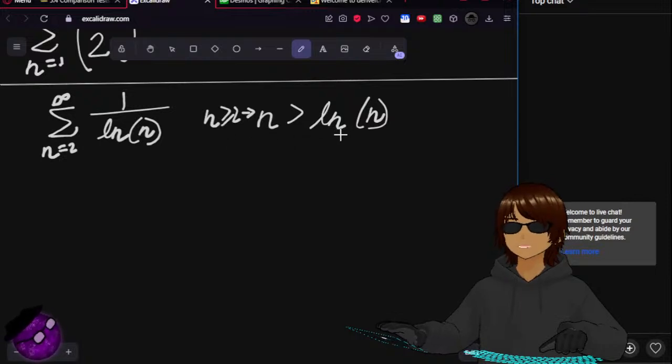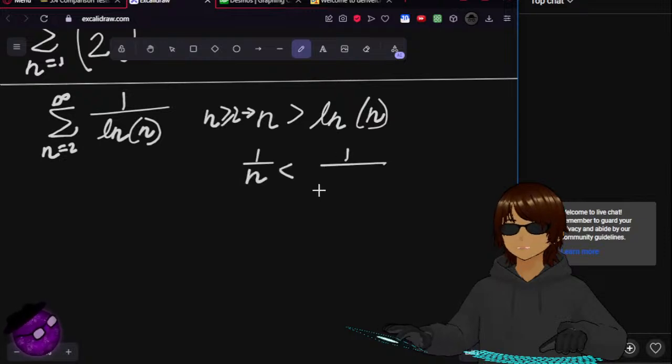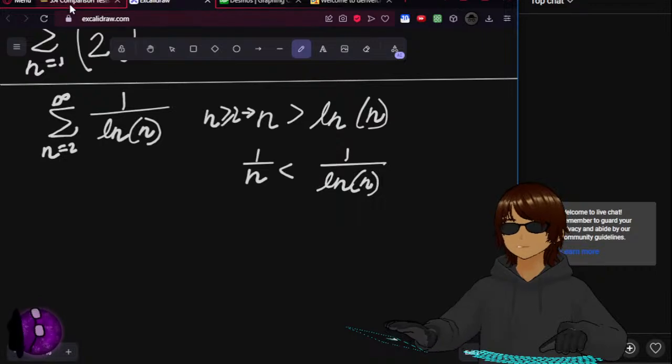Implies n would be greater than ln of n. Well, this would be less than ln of n. If this diverges, then this diverges.